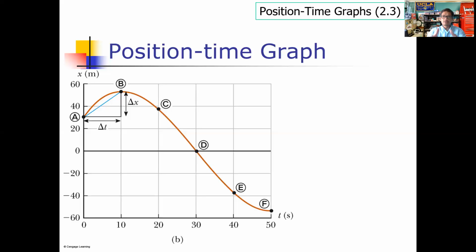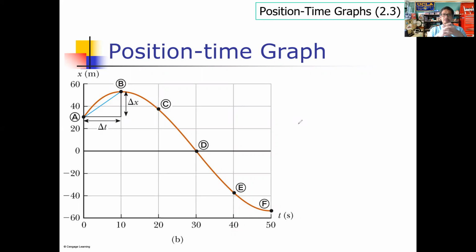So what we did on Thursday was we were able to take a position time graph. In a position time graph, we have the position of an object as it relates to the time. On a position time graph, we have position plotted along the y-axis, time plotted along the x-axis, and at any moment in time, we can indicate the position based upon our particular graph.